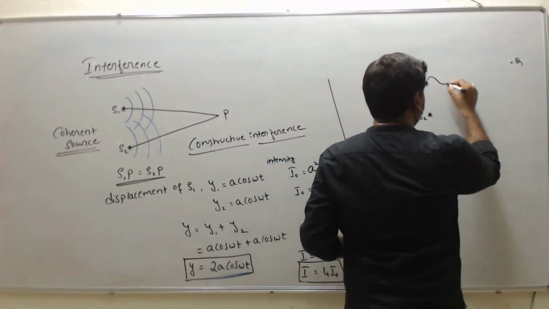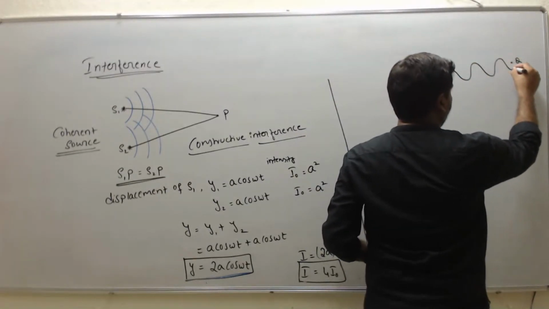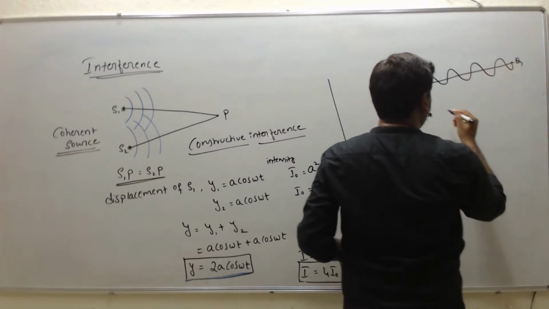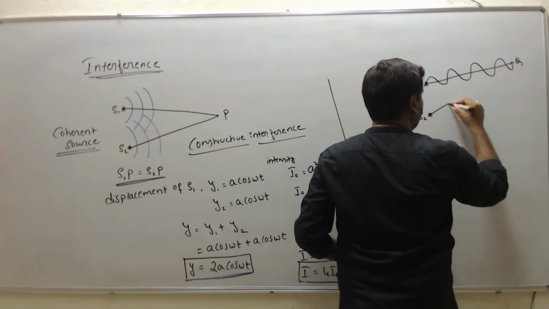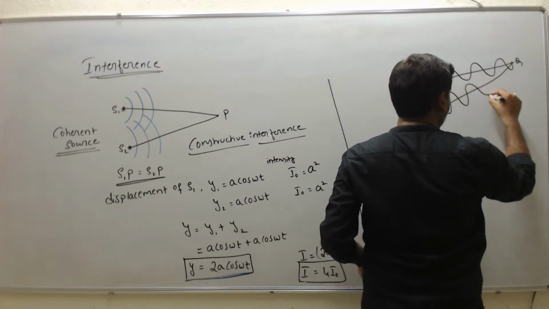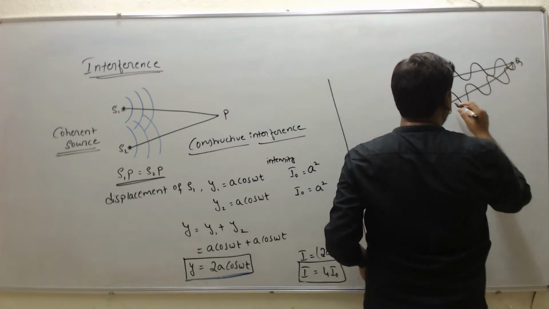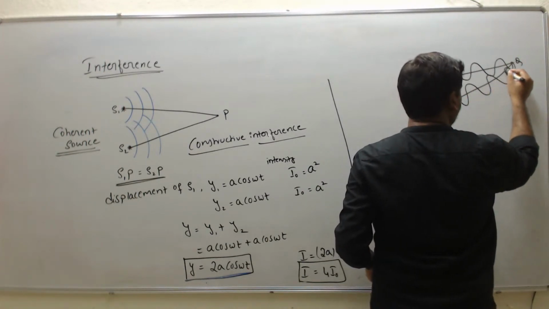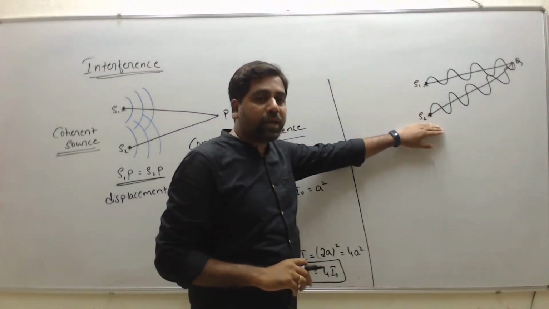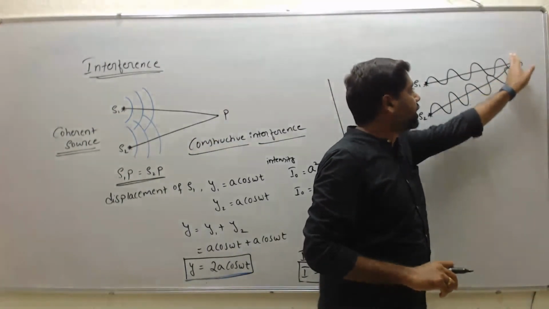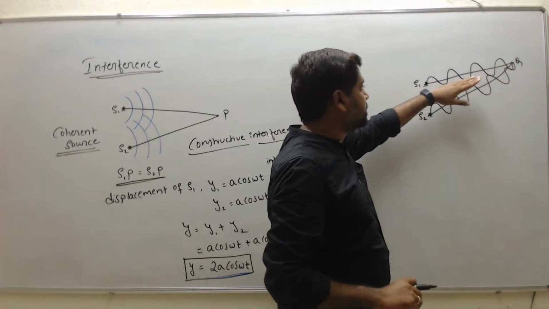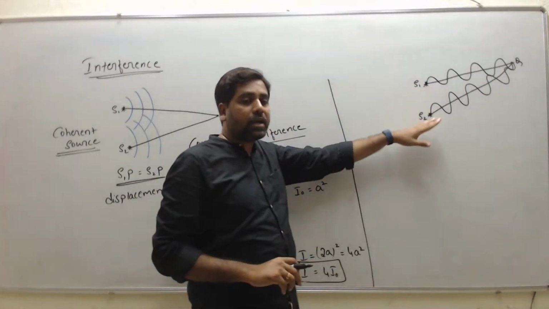So if I write the waves, the two sources emanate waves to reach the point Q. Here Q is a point somewhere in the medium, at a certain distance from the two sources S1 and S2.